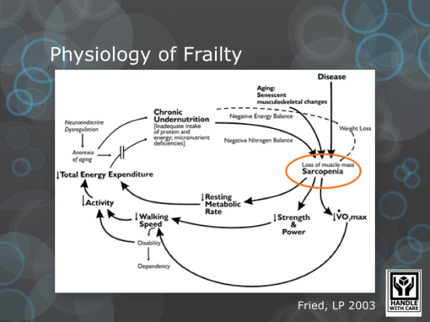Then our walking speed decreases. With a decrease in walking speed, we get increased disability and dependency. That tends to lead to chronic undernutrition. So people are not taking in enough calories, they're not taking in enough protein, and of course that is a vicious cycle, just as I showed you before, where we get increasing loss of muscle mass.